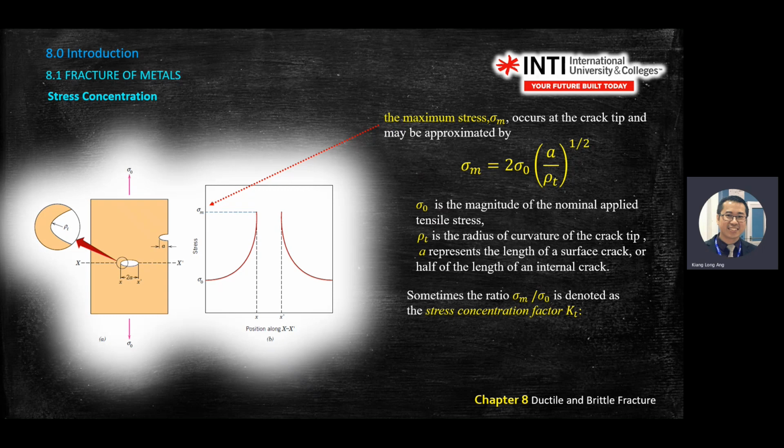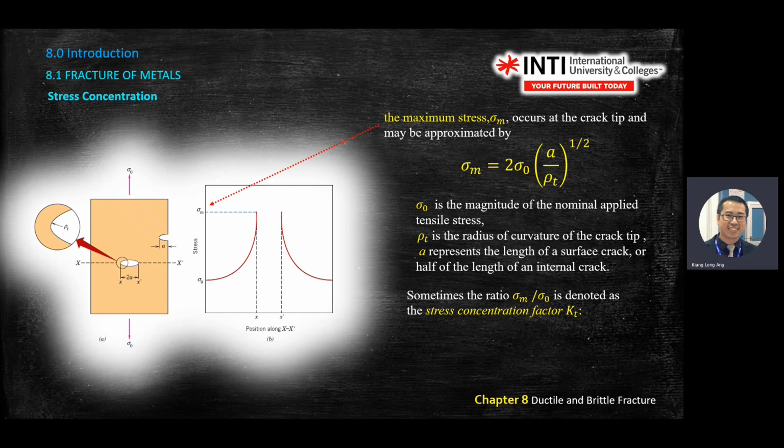You find what is the maximum stress that is able to be handled by this object. Either you find the nominal or maximum, or maybe you predict the A value, or predict the rho, the radius of curvature of the crack tip.